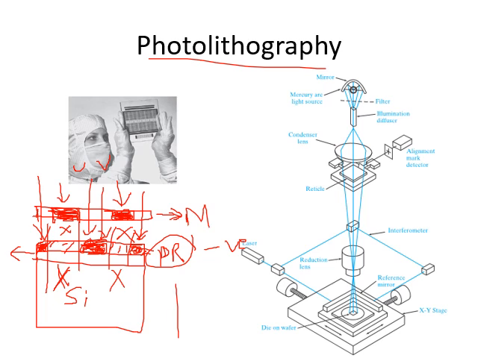After this step, how will the wafer look? It will have photoresist and silicon dioxide, and here a window will be created.